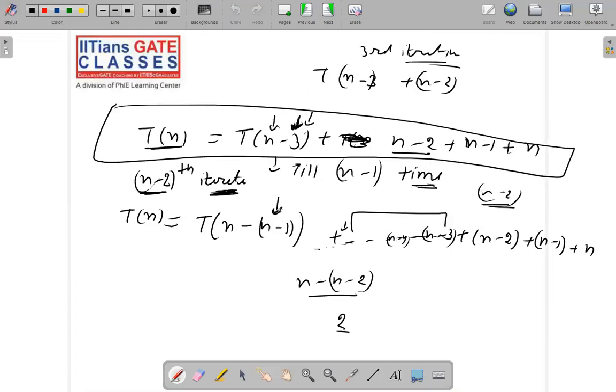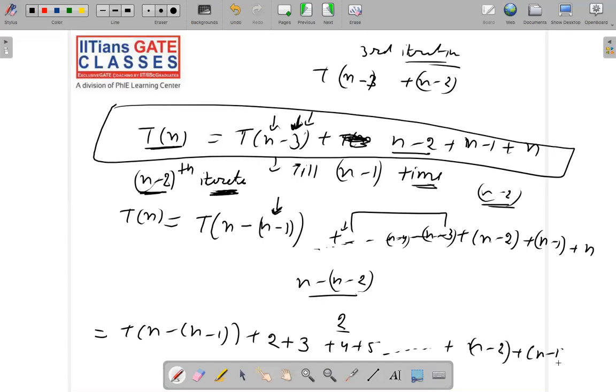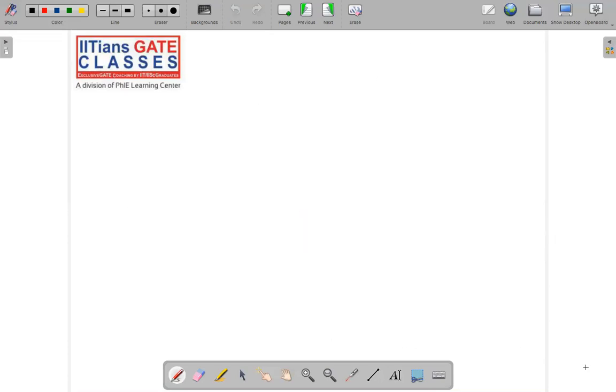So what happened in case of n minus 1? The iteration goes like this: T(n minus 1) plus 2, 3, 4, 5. I'm going backward: n minus 2 plus n minus 1 plus n. Okay. And what is the value of T(n minus 1)?